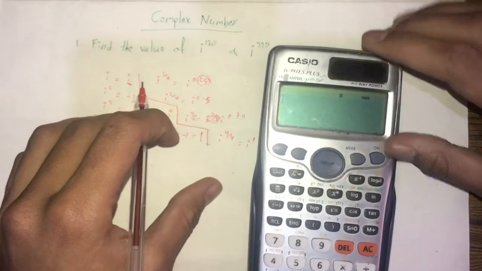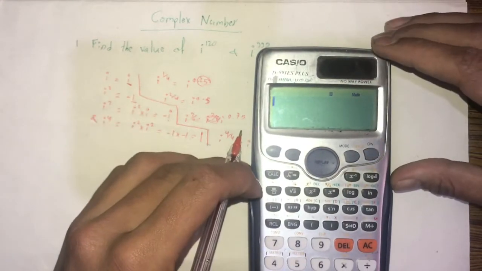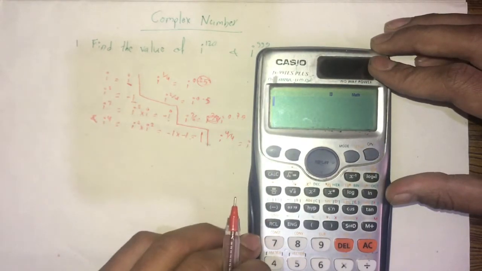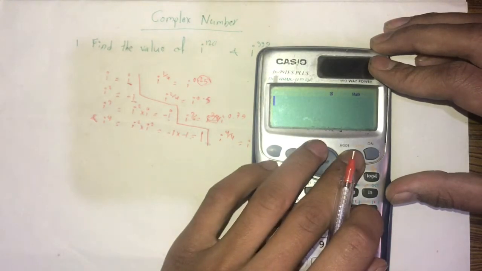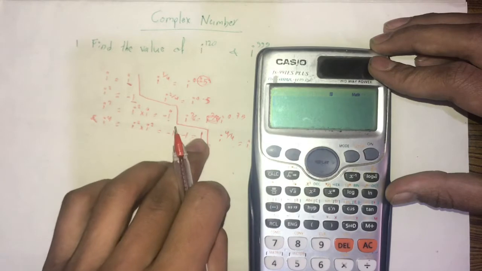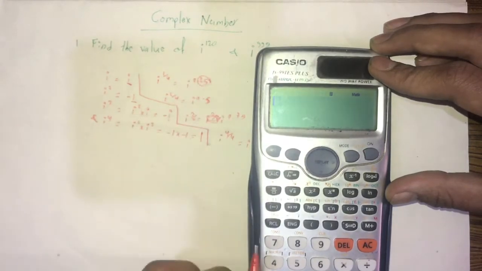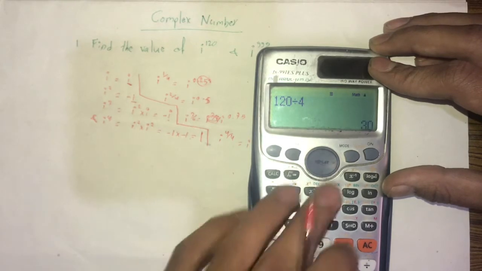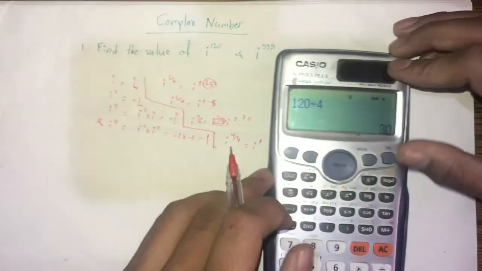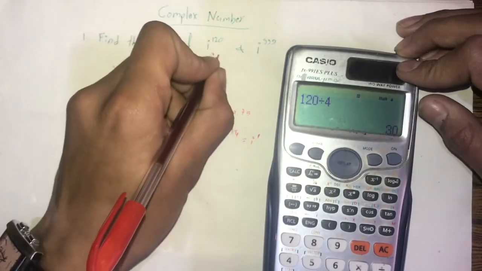Let's try for the first one. Okay, we have i to the power 120. 120 divided by 4 equal to 30, without decimal number, so its value is equal to 1.